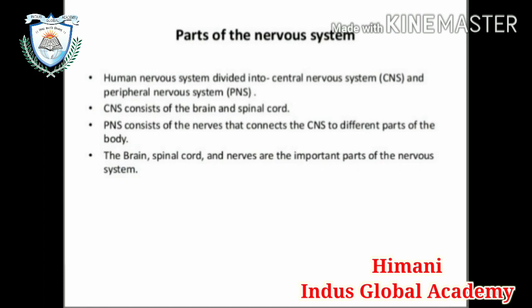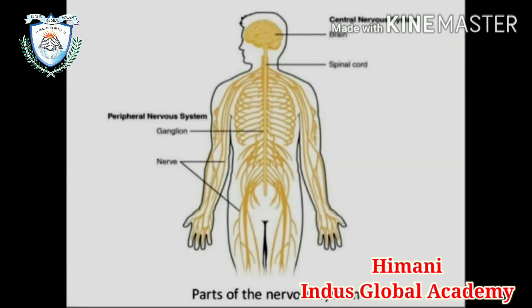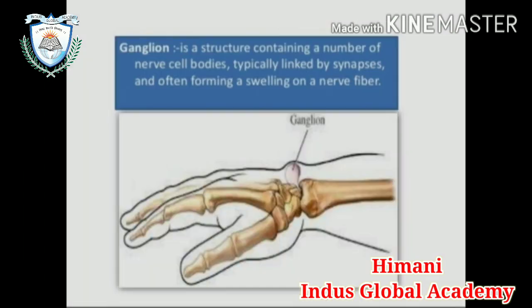So this is the structure or parts of the nervous system. In this you can see the upper part is the CNS, which consists of the brain and spinal cord, and the second one is the PNS, which consists of ganglion and the nerve. What is the ganglion?